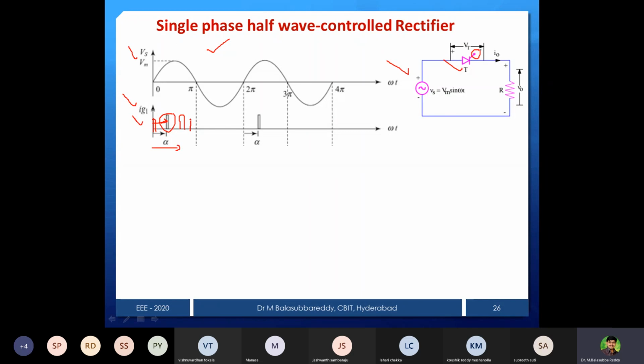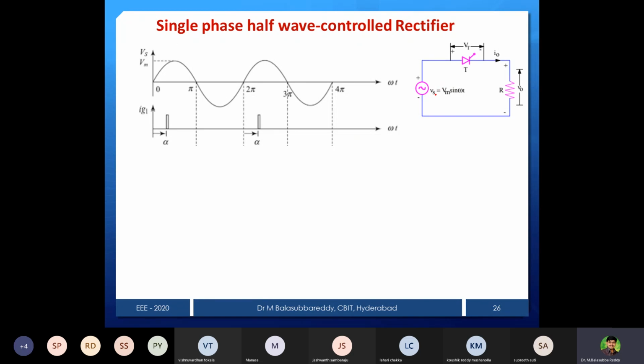Or you can increase the alpha. Wherever you want to fire the device, at that instant provide the firing pulse, only for the positive half cycle, because for the negative half cycle the thyristor is reverse bias. Even if you give the pulse, it won't conduct.